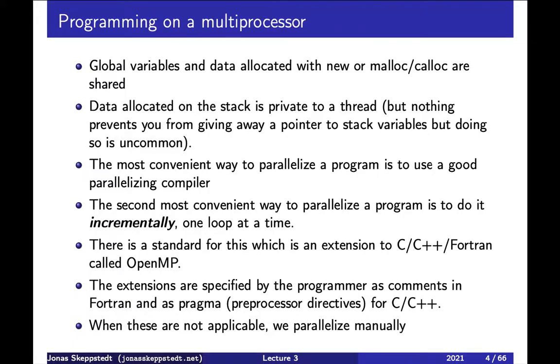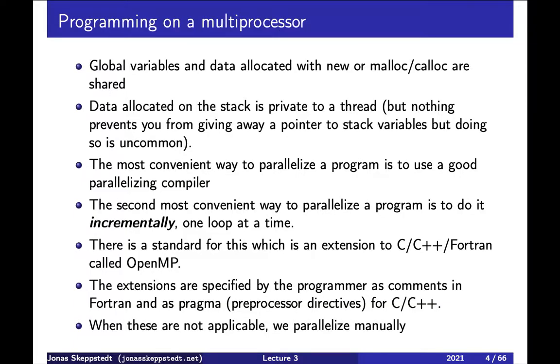And for Java, that means static attributes in a class. Okay, or data allocated with new in Java and C++, or malloc or calloc in C. This data is automatically shared.